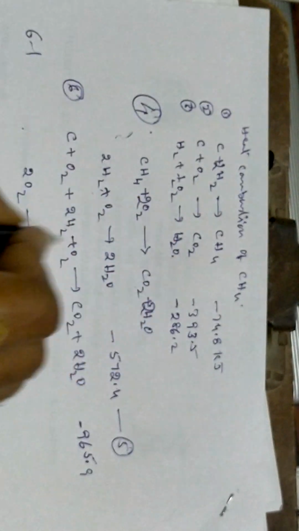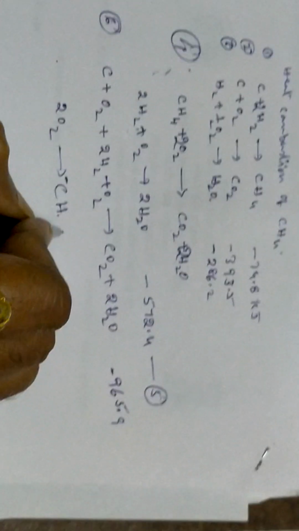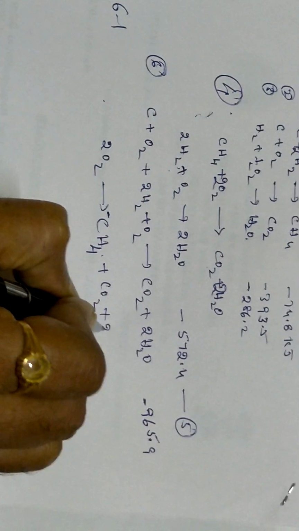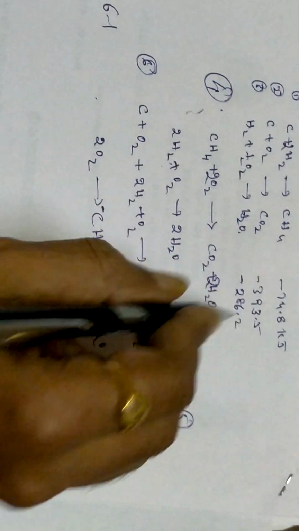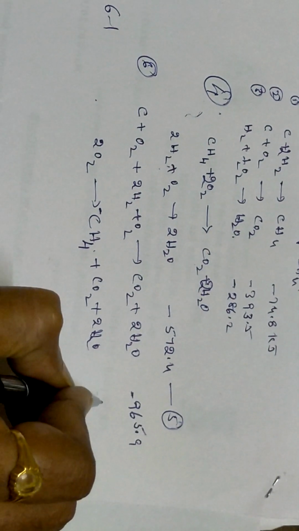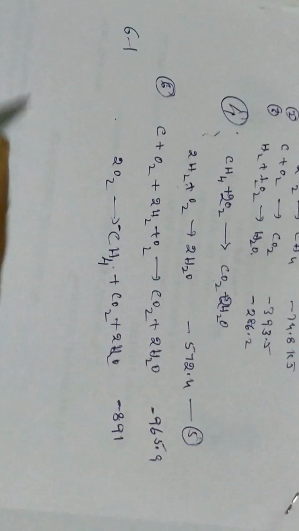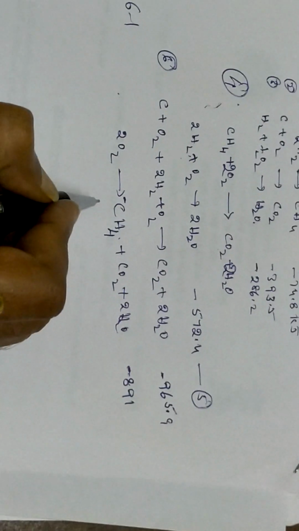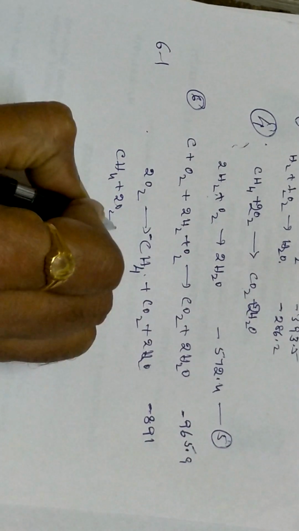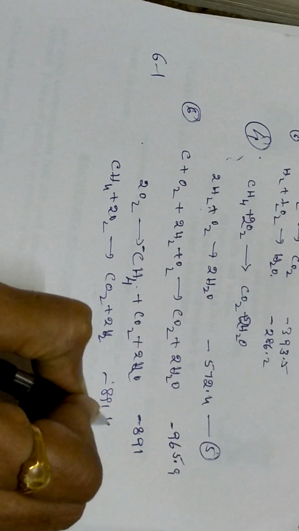The right side is minus CH4 plus CO2 plus 2H2O, and the value is 965 minus 74, roughly minus 891. So rearranging, you get CH4 plus 2O2 gives CO2 and 2H2O. The answer is minus 891 kilojoules.